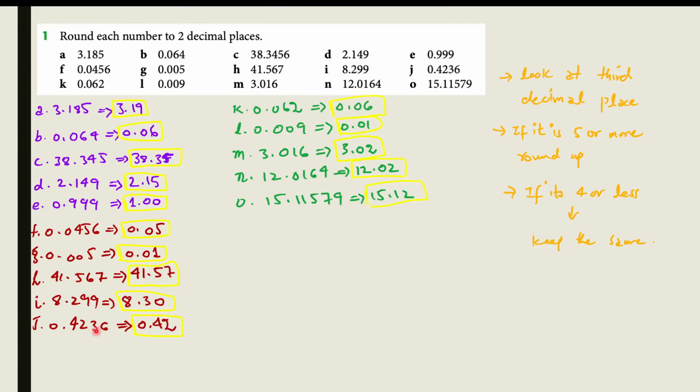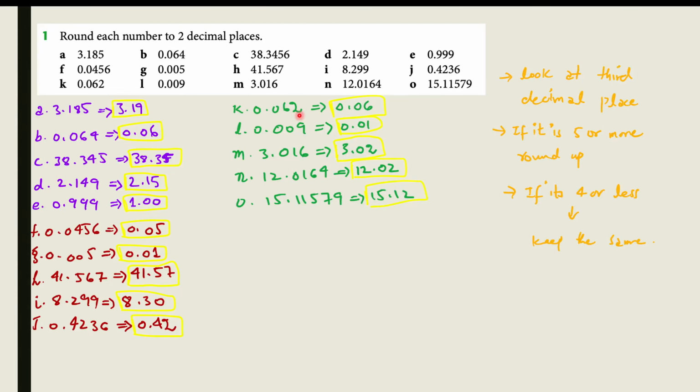Next, 0.4236. Third decimal place is 3. So it is less than 5, therefore no changes will come. We will have 0.42. And after the second decimal place, all other digits are removed. Next we have 0.062. So in here, the third decimal place digit is 2.